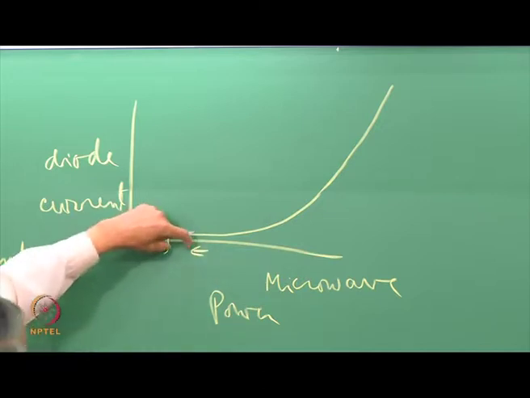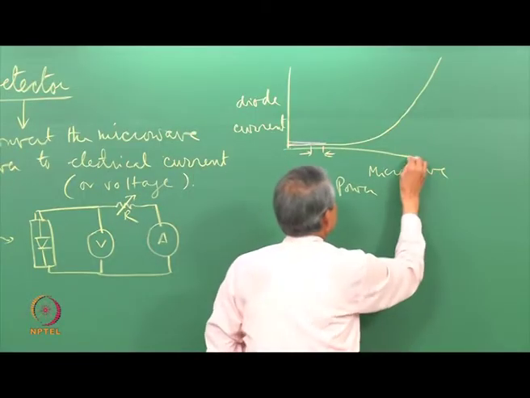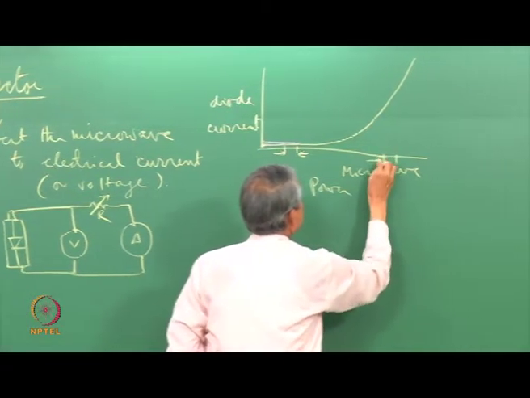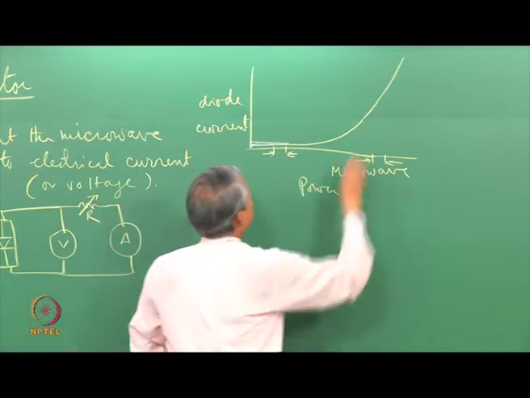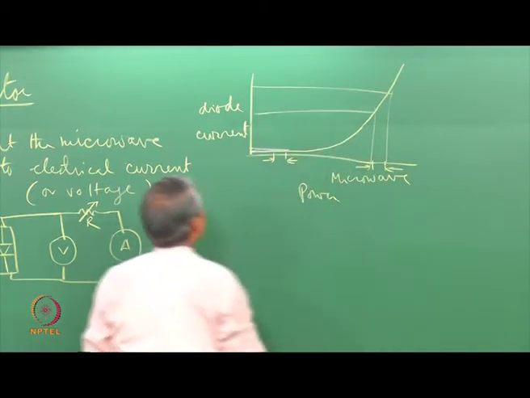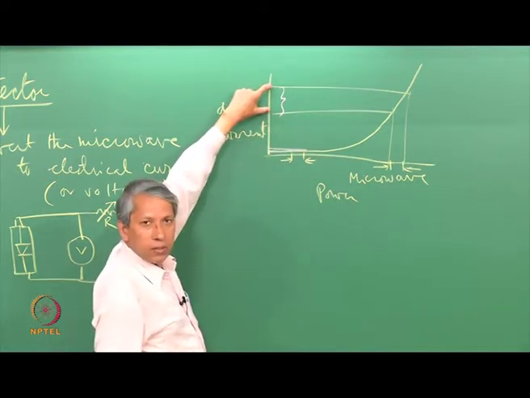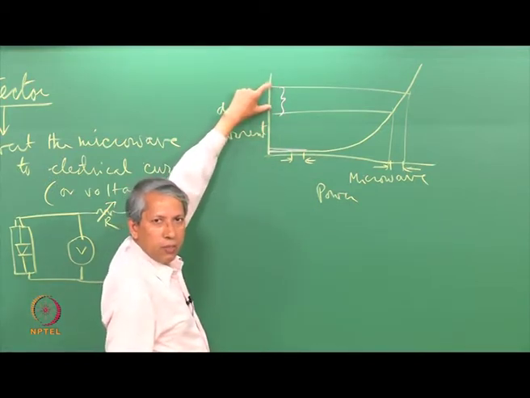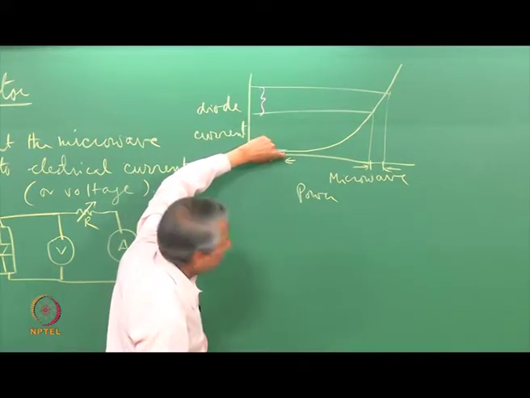Instead, the same disturbance if it is taking place somewhere here, then you see that there will be this much change in the diode current. So here it becomes much more sensitive for the same change of reflected power from the cavity.